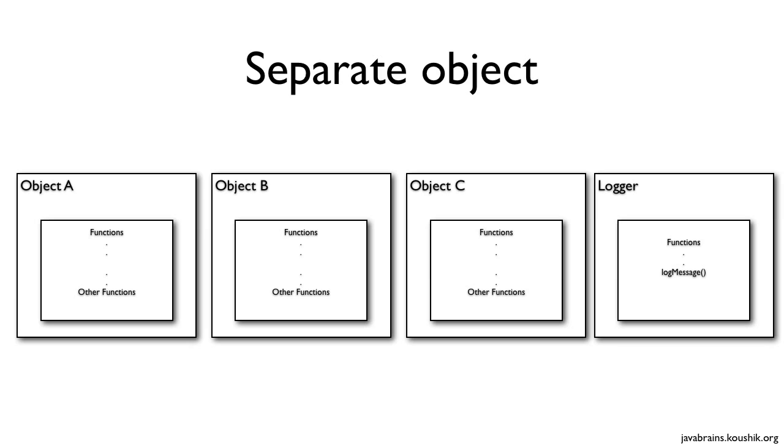Now, if you write this diagram for a design like this, it's very likely that the most important object and the most connected object would probably not be your business object. It would probably be this logger object, because every object that needs a logger has a dependency on this logger object. So it is not really a good idea to have this kind of a dependency to something that is not really a part of your business problem.